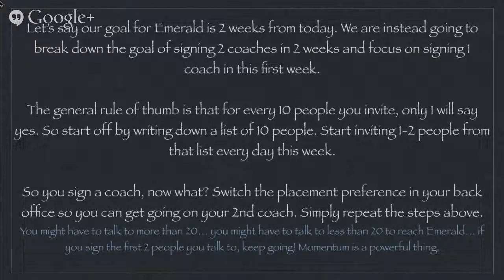Now you may have to talk to more than 20. You may have to talk to less than 20 to reach Emerald. Let's say you sign up the very first people you talk to. Keep going. Momentum is a powerful thing. Why would you sign up 2 people and then not talk to those other 18 people? Just keep going.